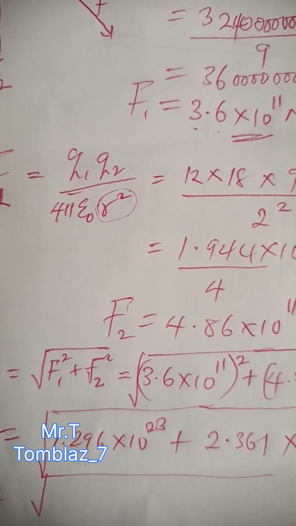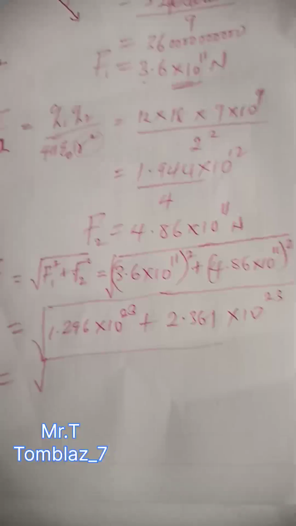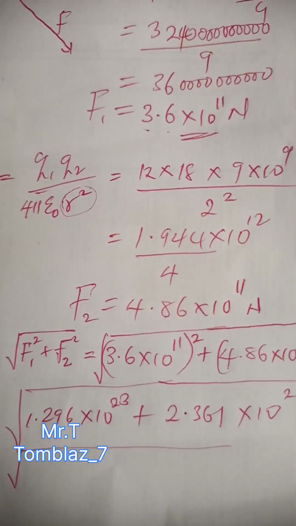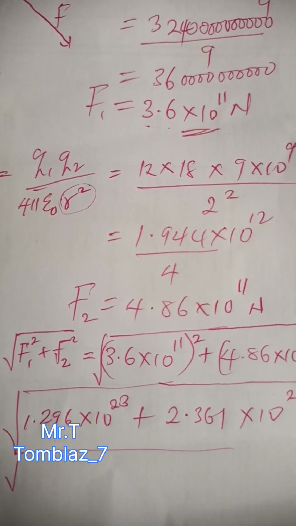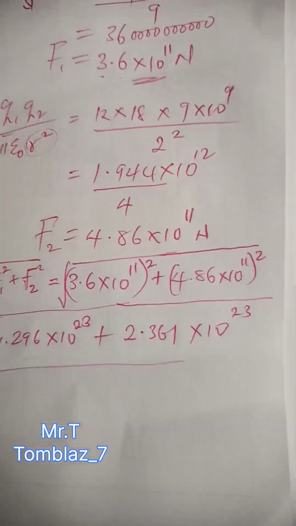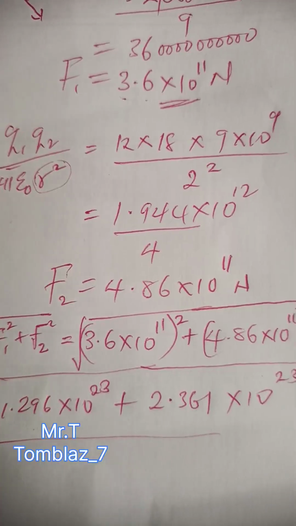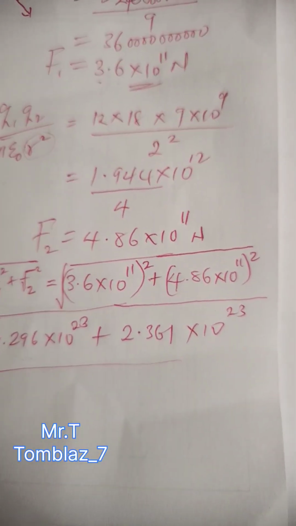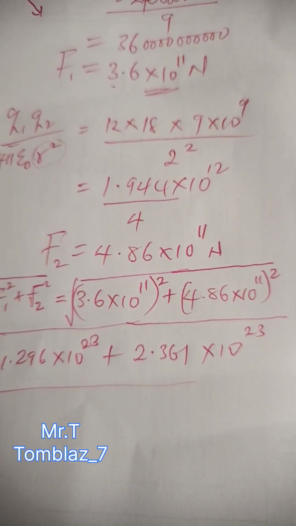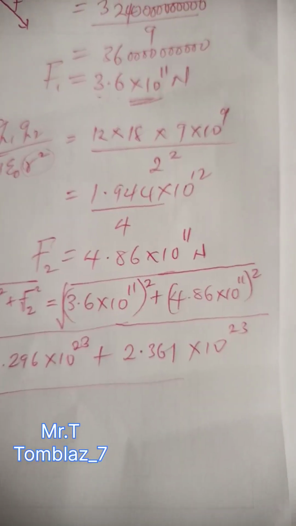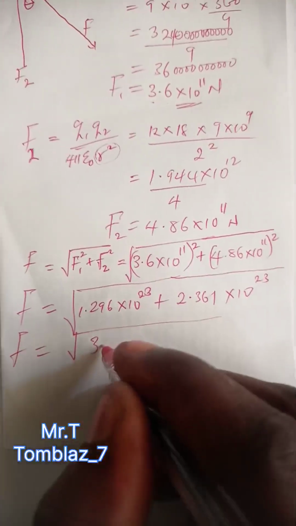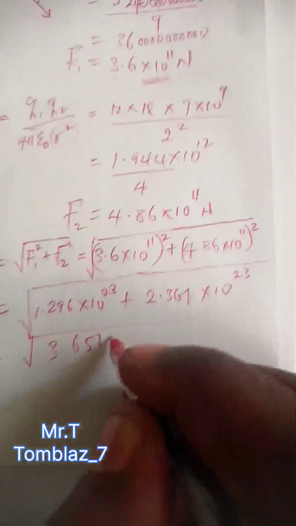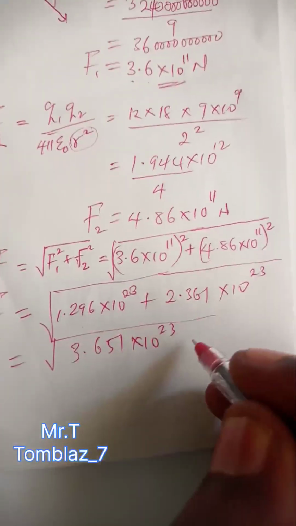We have 1.296 times 10 to the 23 plus 2.361 times 10 to the 23. So we're having 3.651 times 10 raised to the power 23.